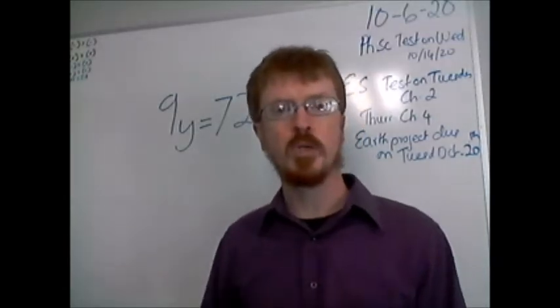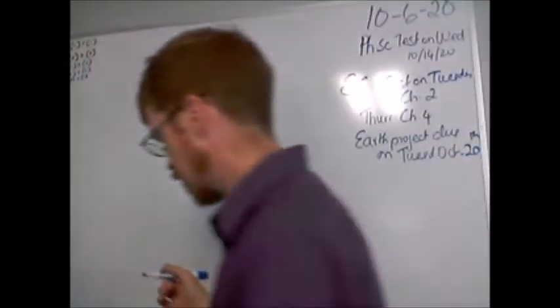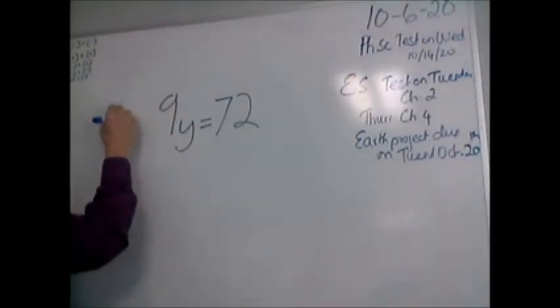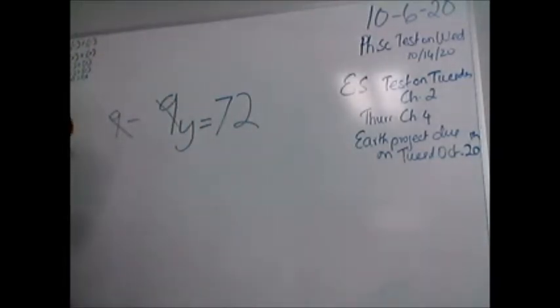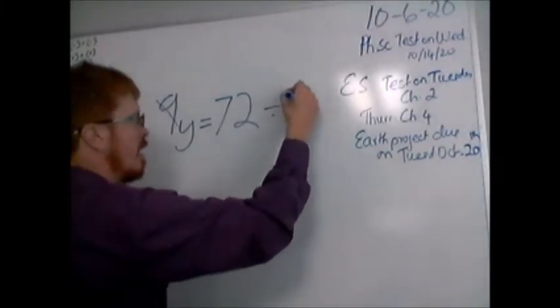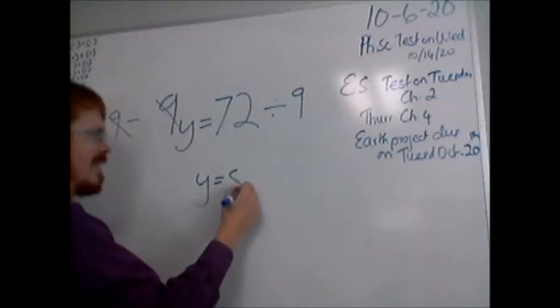You undo multiplication with division. So you need to divide both sides by 9. What you do on this side cancels each other out. What you do on this side comes over here, and you divide by 9. 72 divided by 9 is 8.